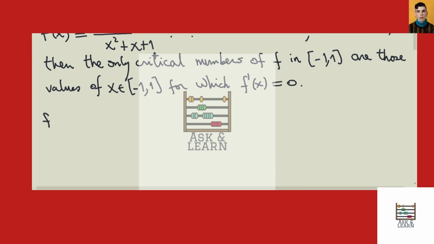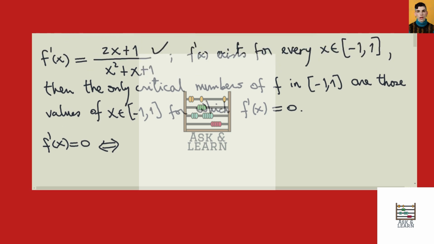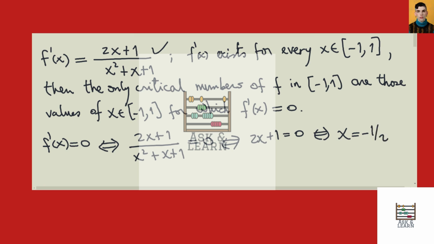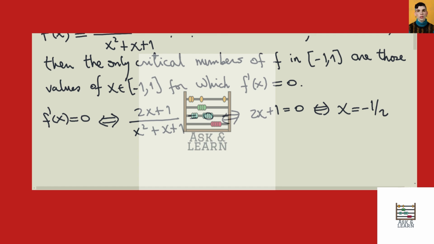So we solve the equation: 2x plus 1 over x squared plus x plus 1 equals 0, which is equivalent to 2x plus 1 equals 0, and that is x equals -1/2.